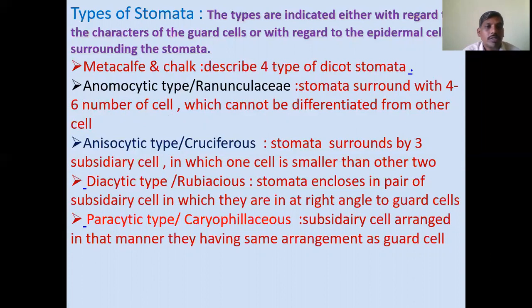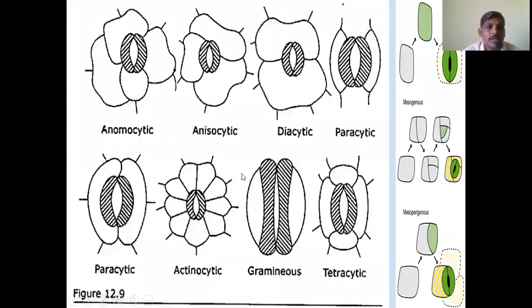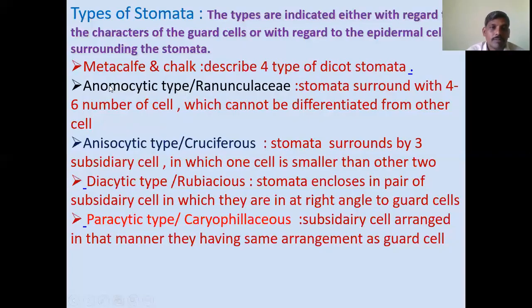So that is called anomocytic. You can see here, the two guard cells are surrounded by 4 subsidiary cells, which are not differentiated from the epidermal cells.